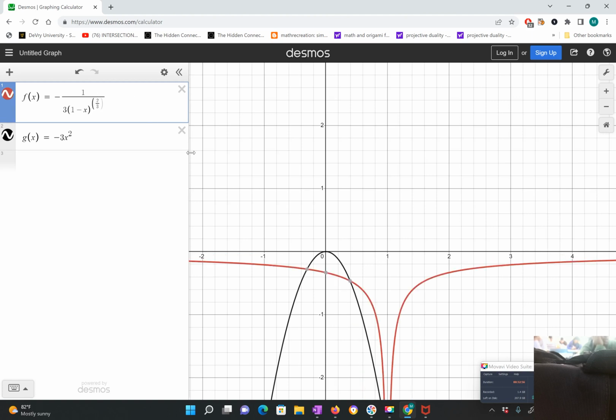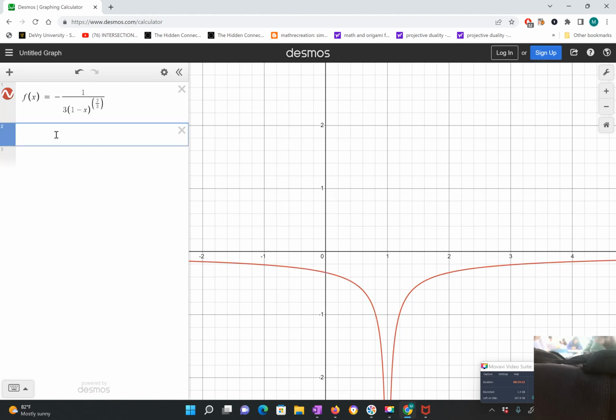Okay, this looks like a mess. And I don't need this. That's the derivative itself, then red. The original equation, which is 1 minus x raised to the 1/3. Yeah, I just want to make sure I don't mess it up.